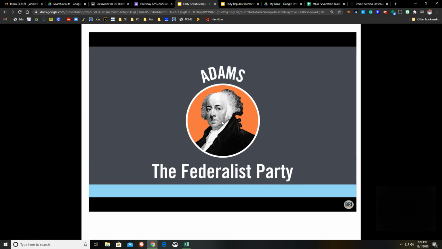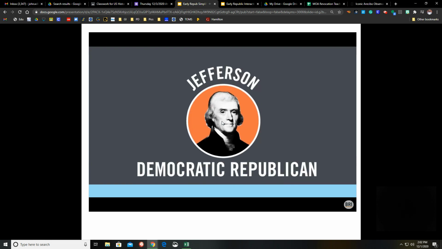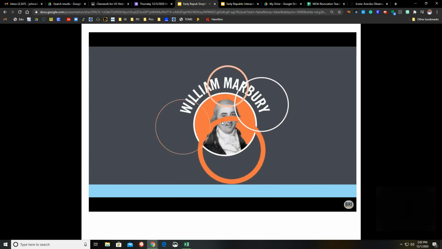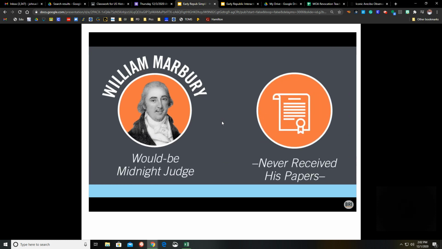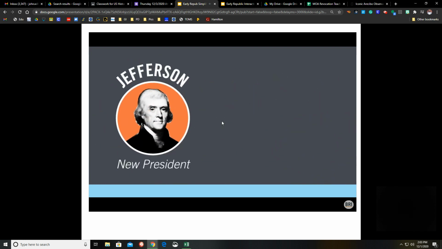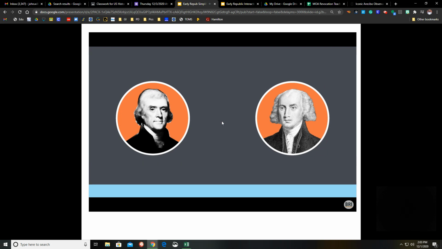This would ensure that the Federalist Party controlled the courts when Thomas Jefferson, who was not a Federalist, took over as president. One of these would-be midnight judges was William Marbury, whose appointment to be a justice of the peace was never delivered. When Thomas Jefferson became president, Secretary of State James Madison refused to deliver the commission to Marbury. This was the first time that a presidential election brought about a party change in the nation's short history. So the political tensions were high.